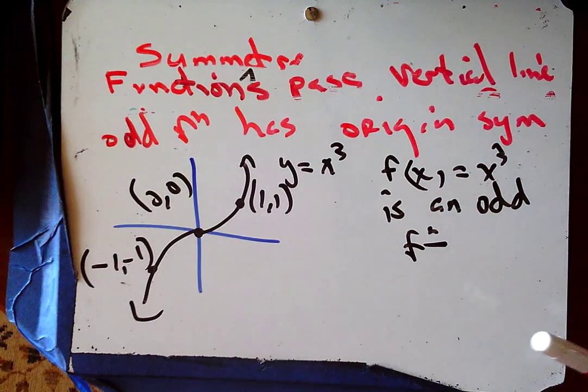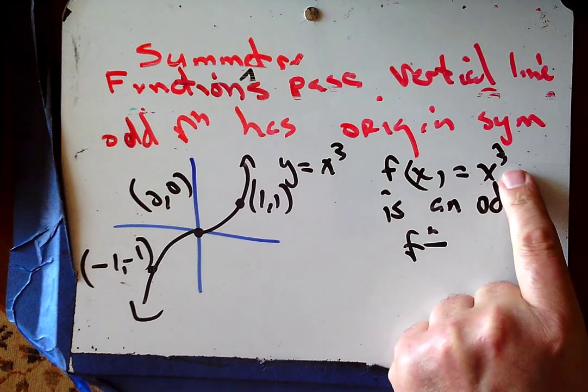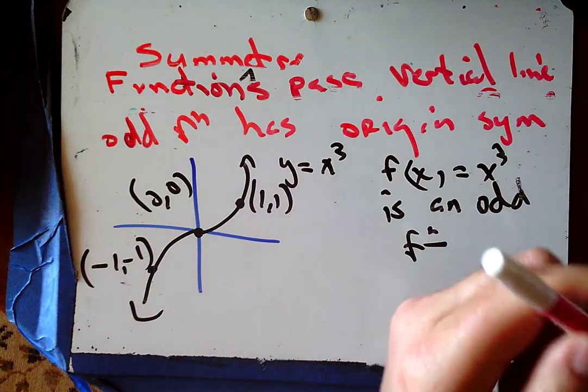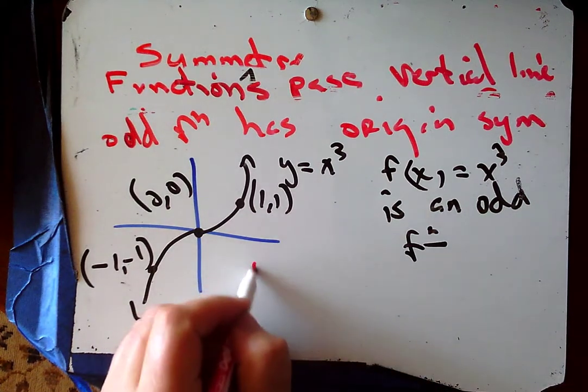But likewise, just like we saw with even functions, just because this is an odd number doesn't mean that every time you see an odd number there, you're going to have an odd function.